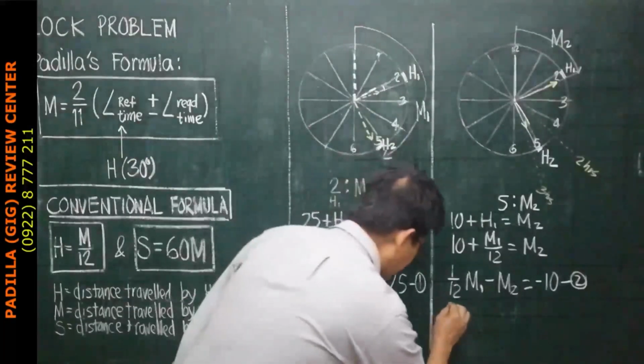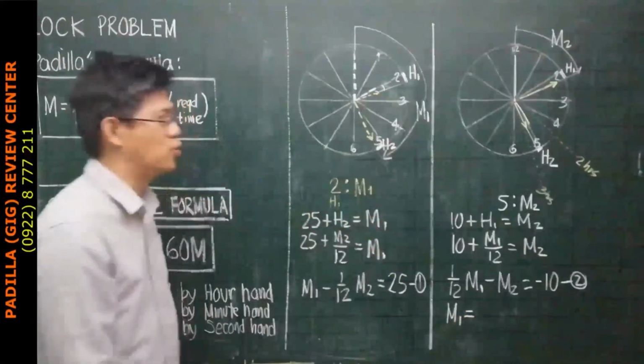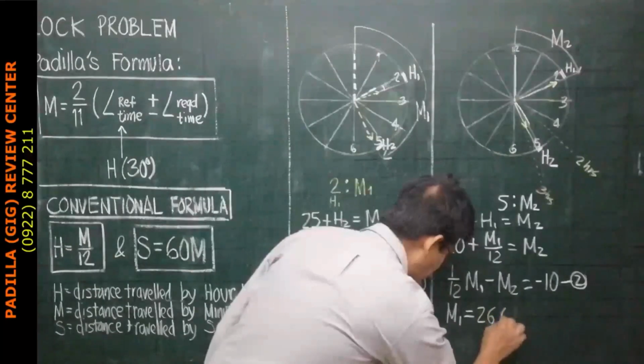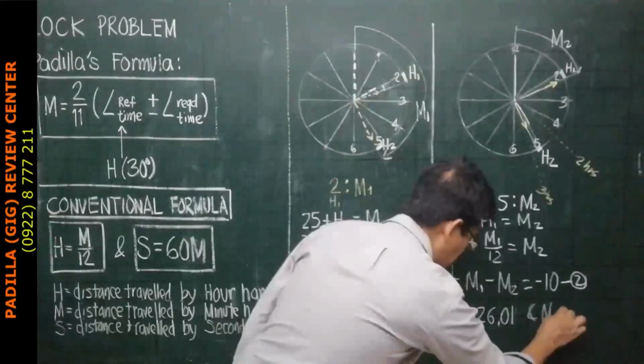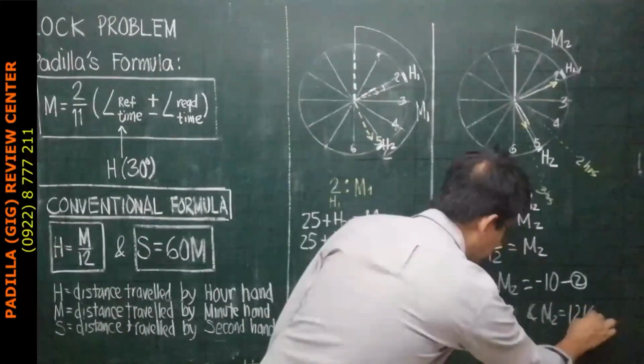You'll be able to get here, M1 is going to be equal to 26.01 minutes, and your M2 is going to be 12.16.